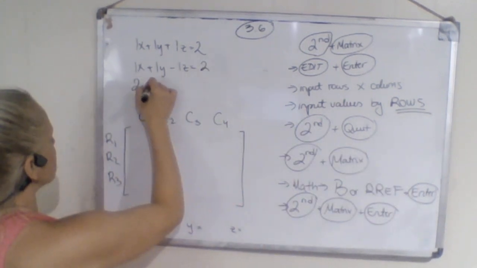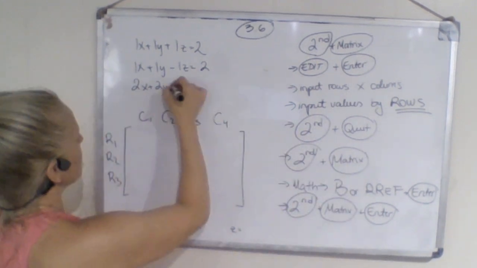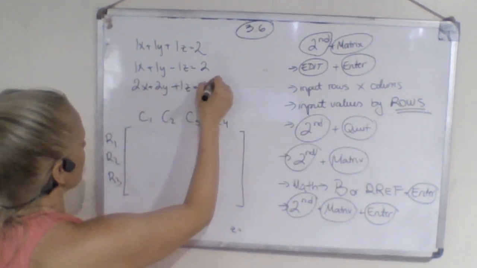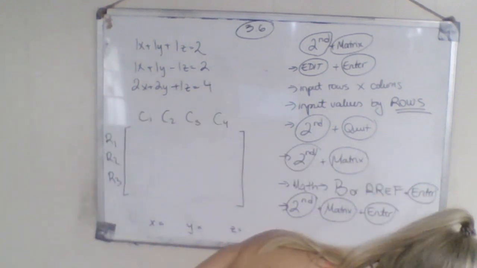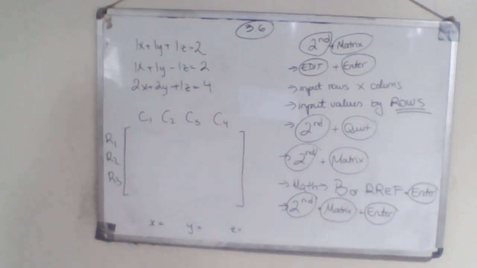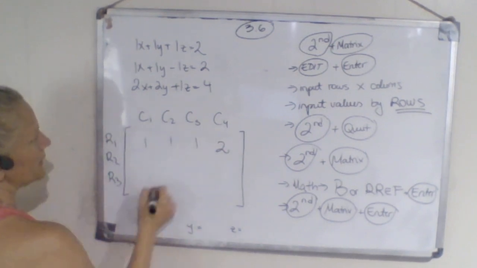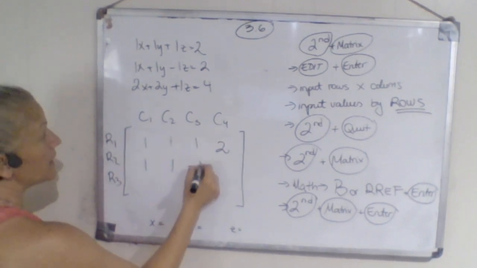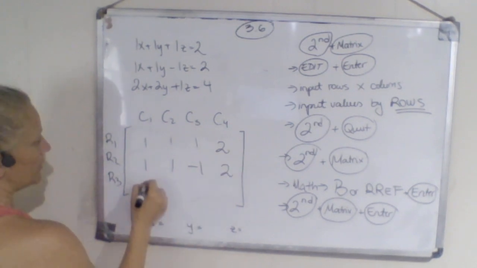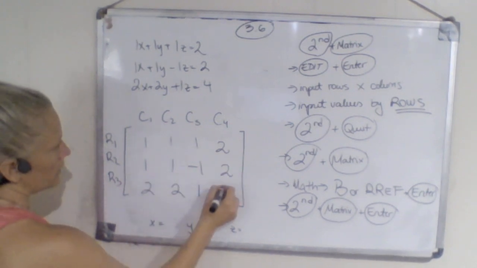And 2x plus 2y plus 1z equals 4. Look at this. Did I get them right? Yes. Let's get our first row: 1, 1, 1, 2. For my second row: 1, 1, -1, 2, 2, 2, 1, 4.